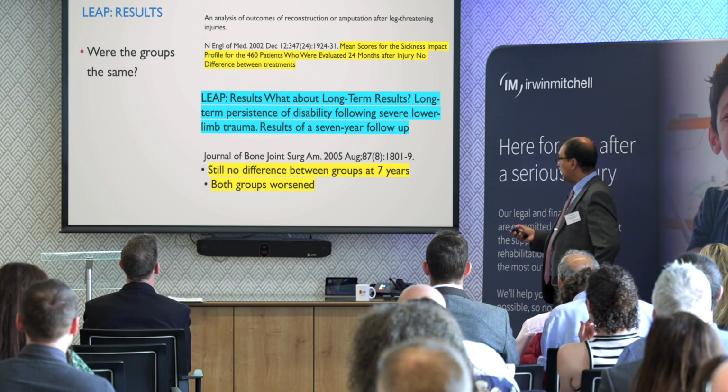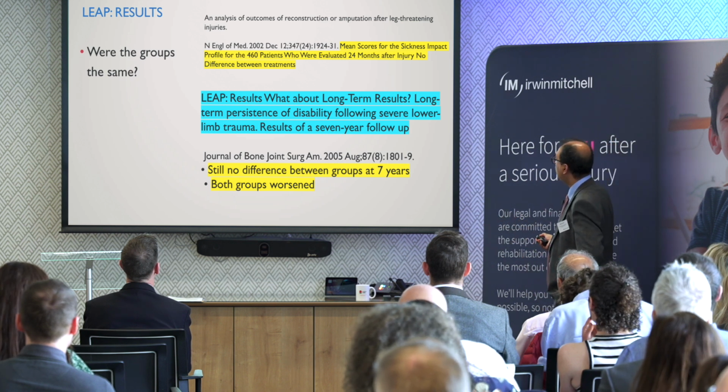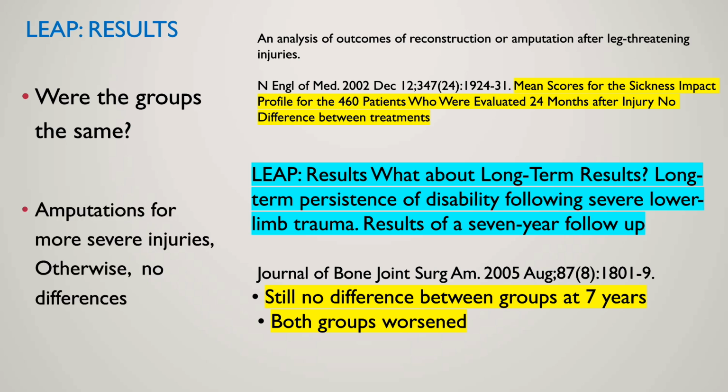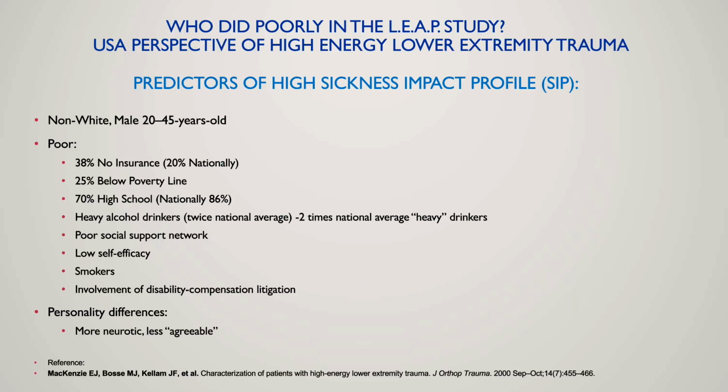So the LEAP study is very important, it is about long-term result, and they did a 7-year follow-up. Still there is no difference between groups at 7 years about the SIP or the outcome, but both groups worsened eventually with time. Who did worse?